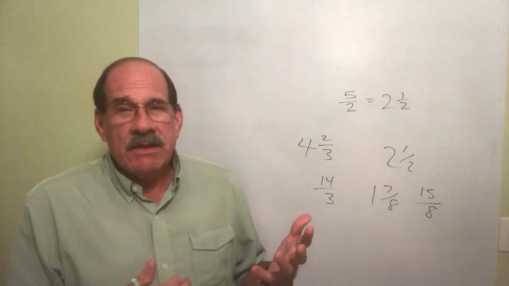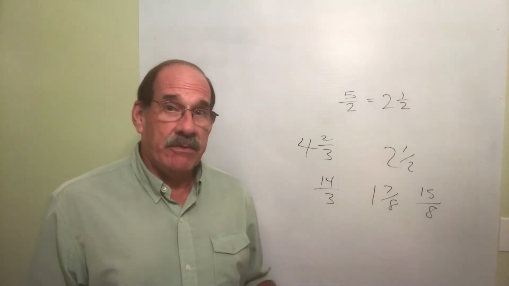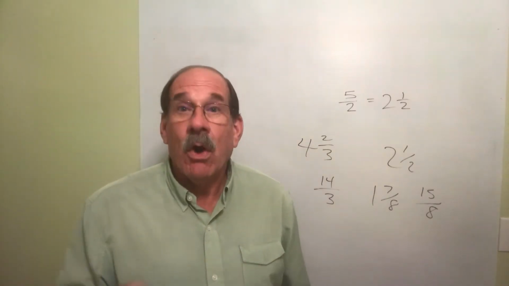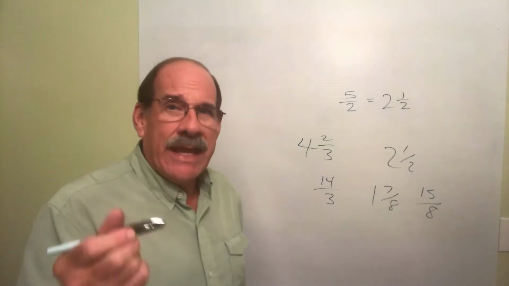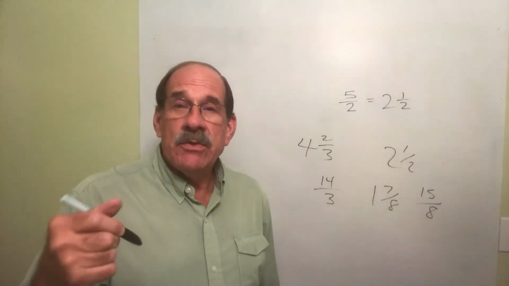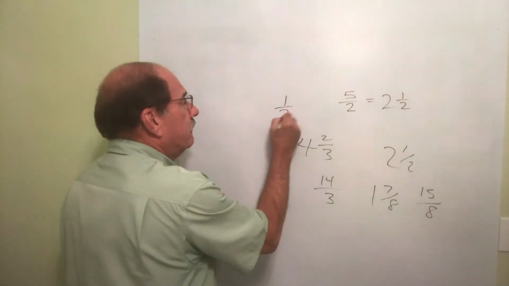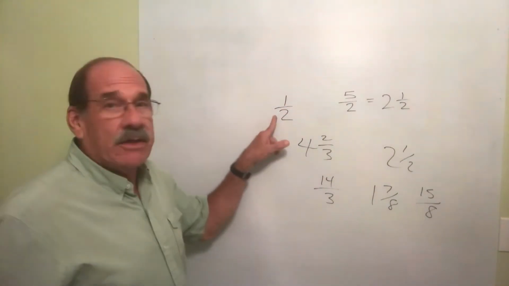Now, the reverse of this is a little trickier, but let's explain a few basic ideas about this. Every fraction, any fraction, all fractions, you can think of as a division problem. Even something like 1/2, just the fraction 1/2, you can think of as 1 divided by 2.